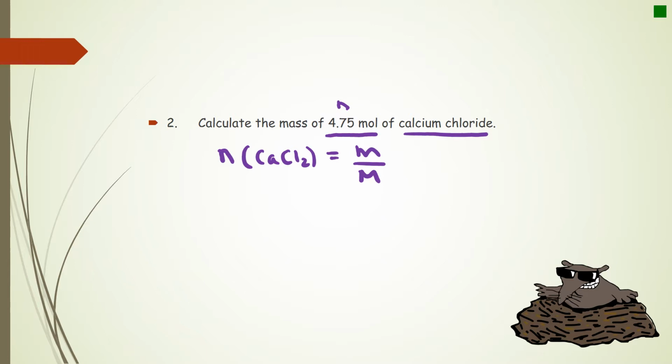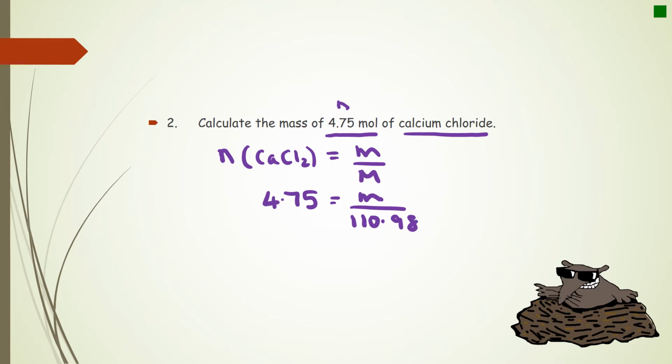Now, substitute your numbers in. So we know that we have 4.75 moles. Mass we don't know, but the formula mass or the molar mass we can calculate. So going to our periodic table, we work out that calcium is 40.08, add chlorine, which is 35.45 times 2, and you will end up with a molar mass of 110.98.